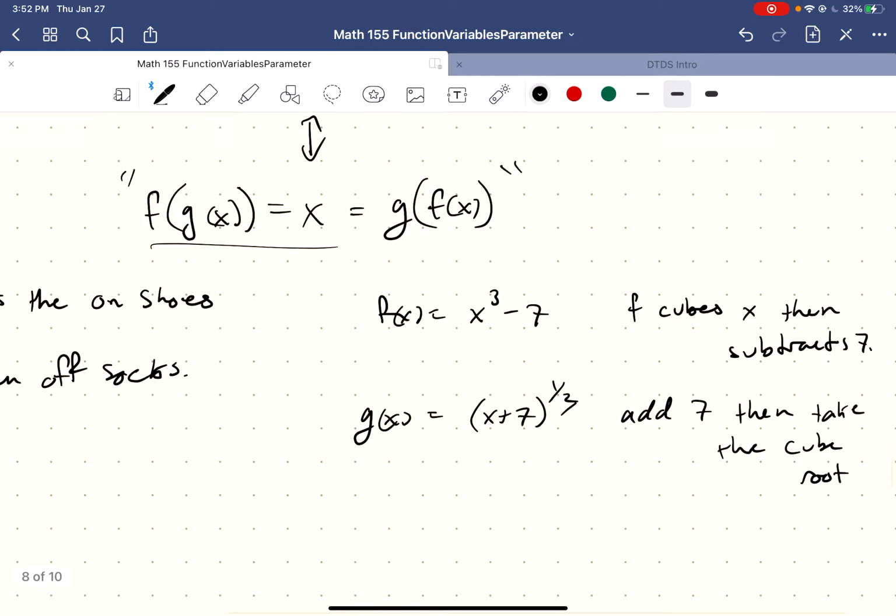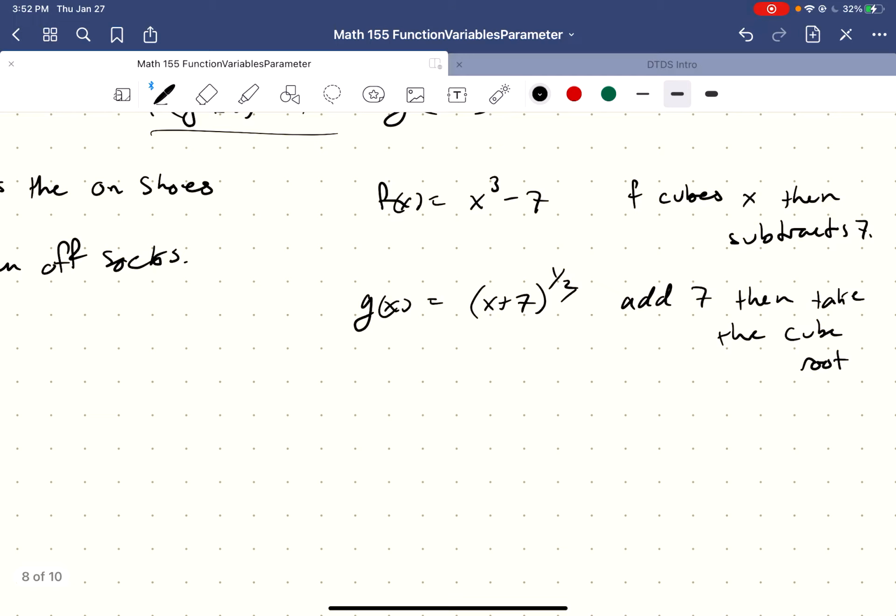And now let's investigate composing these two. So if I do f of g of x, this is f of, and the input is g of x. So it's not x, it's (x plus 7) to the 1/3 power. That is what g of x is. And okay, so this is my input.